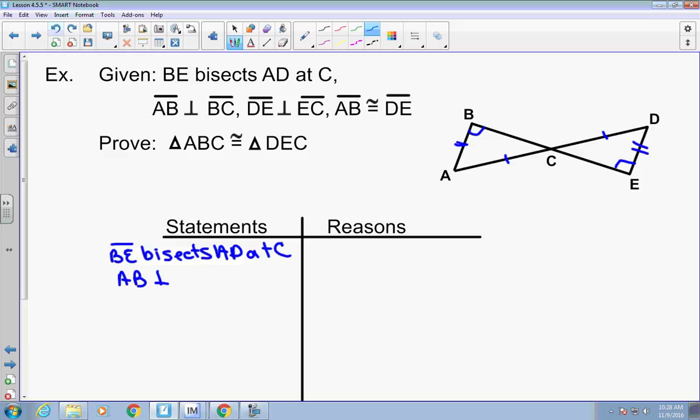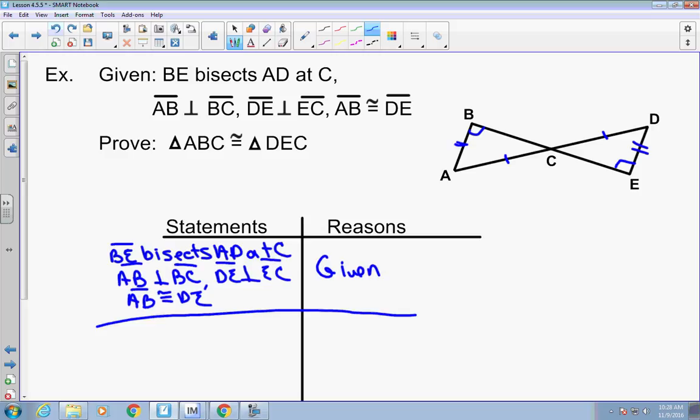AB is perpendicular to BC. DE is perpendicular to EC. And AB is congruent to DE. All of that. So we have already the AB and the DE is my leg, right?